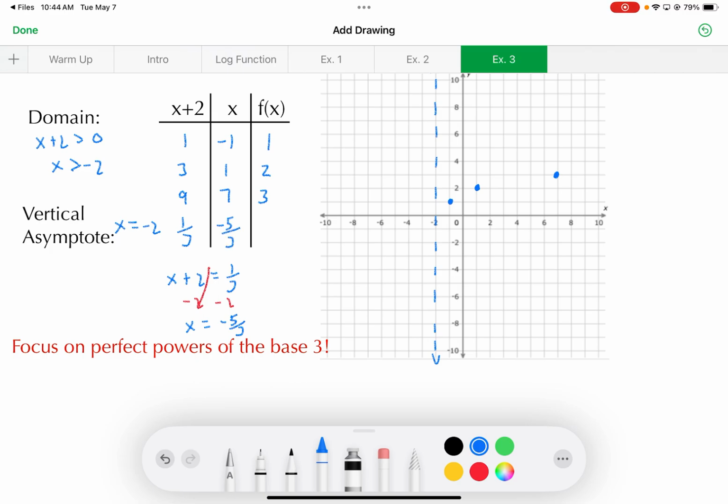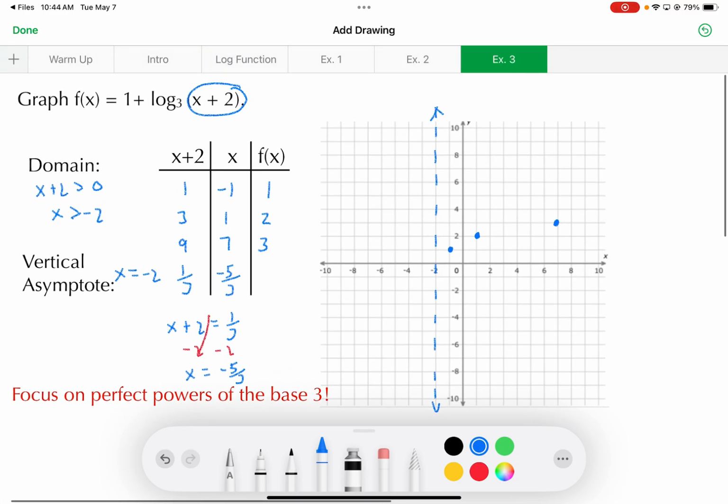That's what we should plug in for x here. So -5/3 plus 2 is 1/3. Log base 3 of 1/3 would be -1. -1 plus 1 gives me 0.